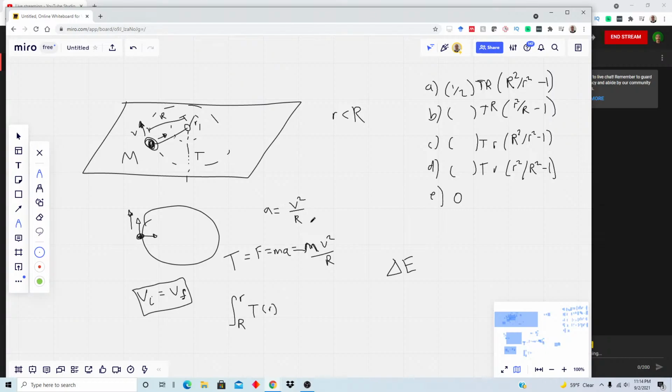And the tension would be based on this if the velocity is the same, which I believe it is, times dr.